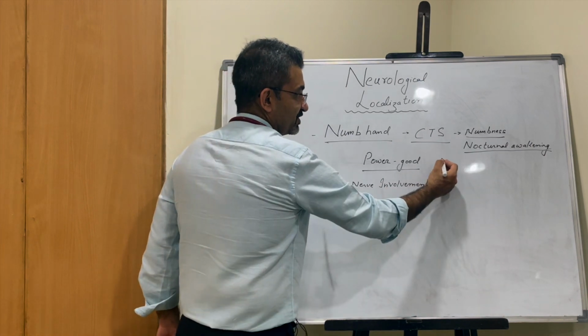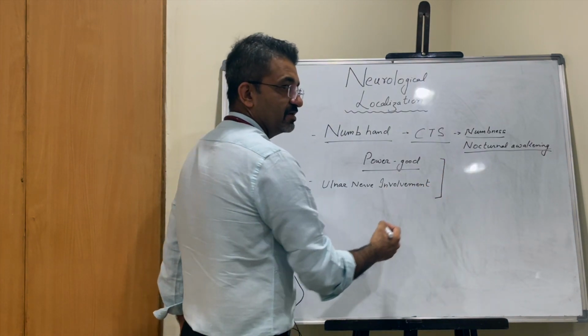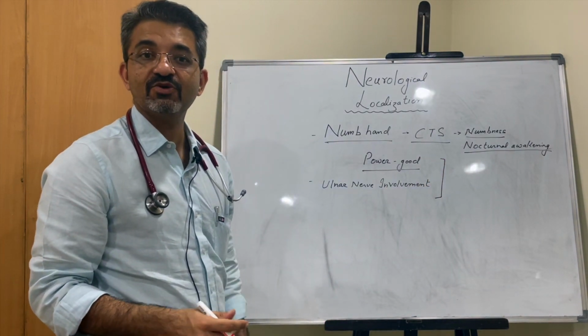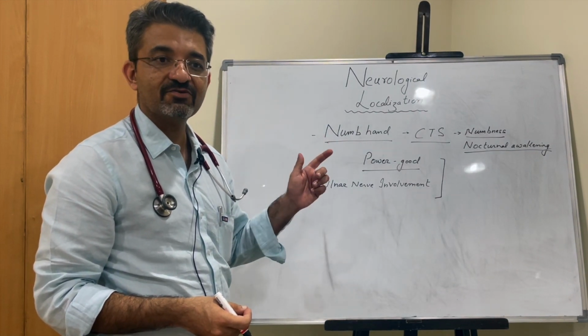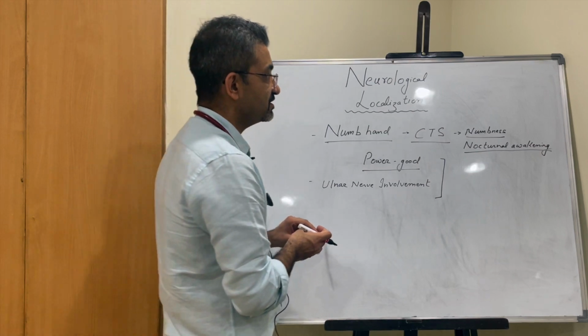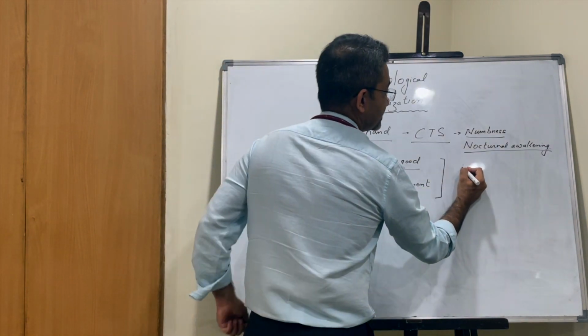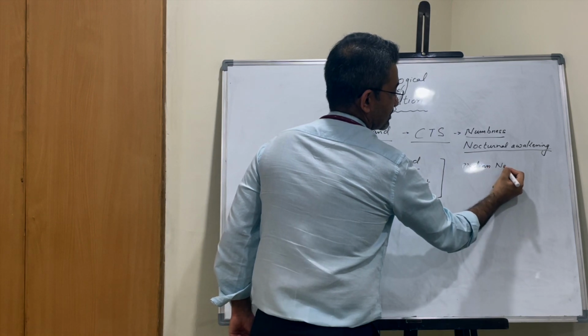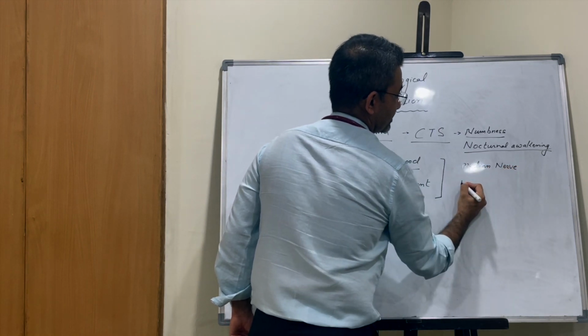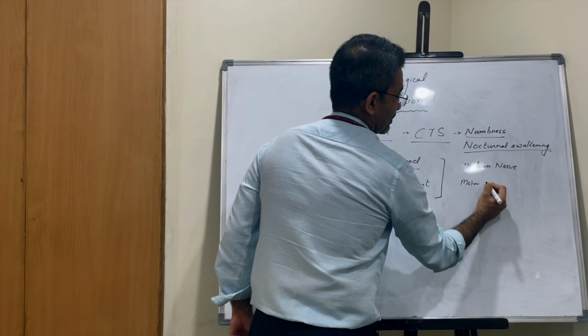The major differential point is that the ulnar nerve predominantly causes weakness of hand muscles, whereas the median nerve causes numbness. So sensory symptoms are predominant in median nerve, whereas motor symptoms are predominant in ulnar nerve.